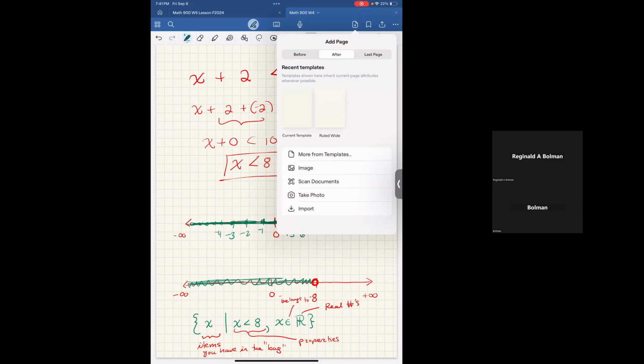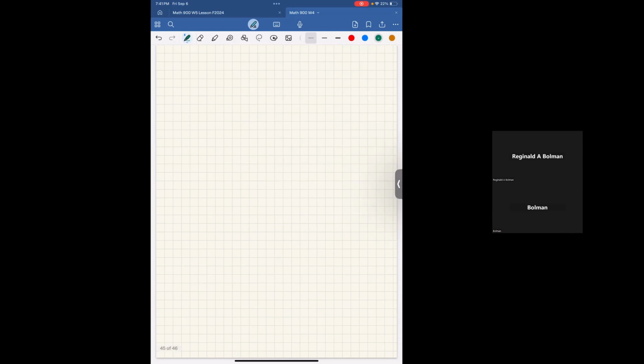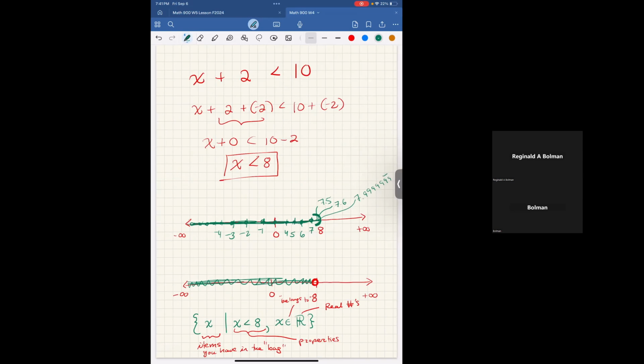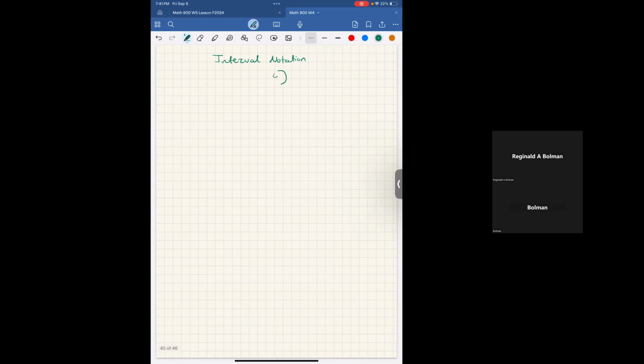So, that being said, a better notation, which is what we call interval notation, is to simply use a parenthesis to denote this idea that x can never actually be equal to 8, as is the case here.